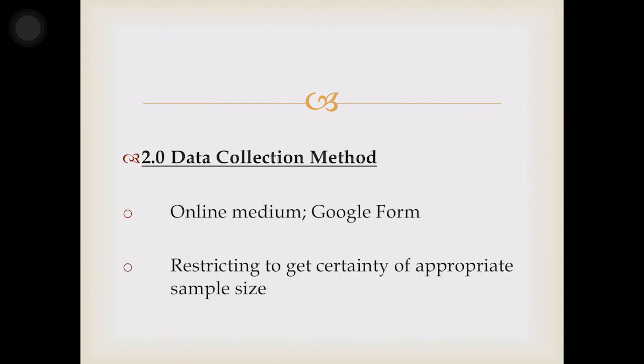Next is the data collection method. Initially, we used Google Form to collect our data, but it restricts us from getting certainty of an appropriate sample size because we don't know who would take the questionnaire and how many of them.